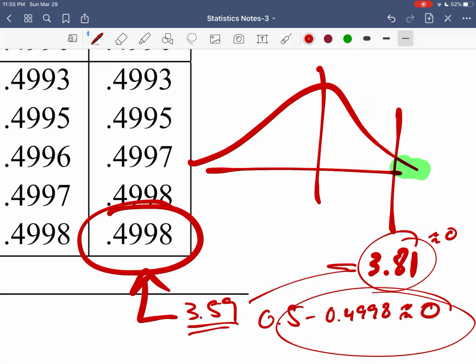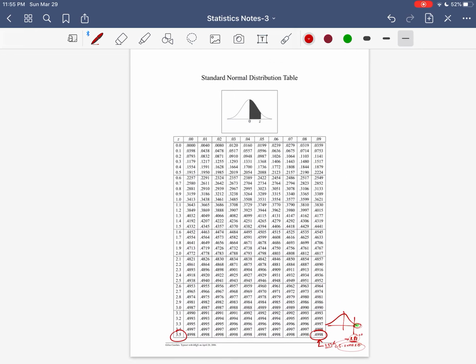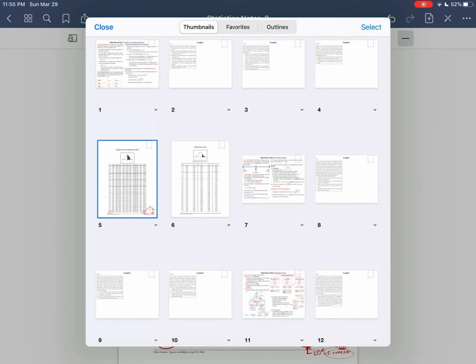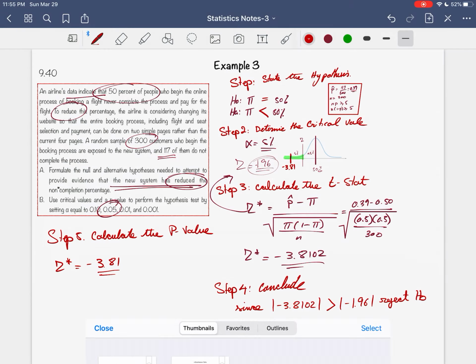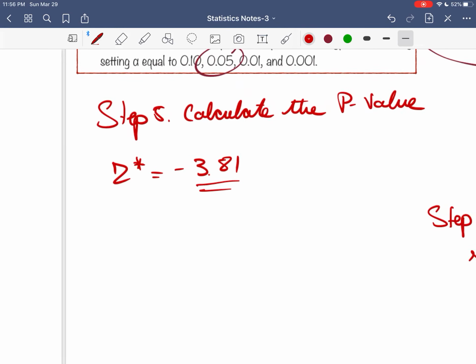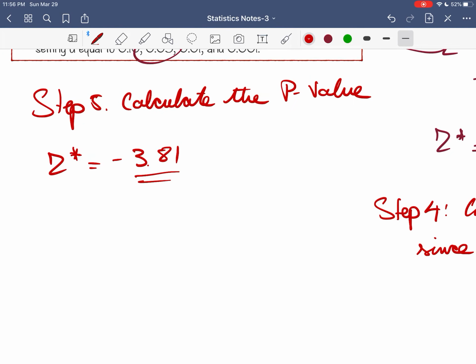It's not close, but not too far away from 3.81. So we know that the area underneath the curve after 3.81 should be approximately equal to 0. If this is confusing to anyone, please reach out and let me know how I can explain it differently, in the comment section below, please.